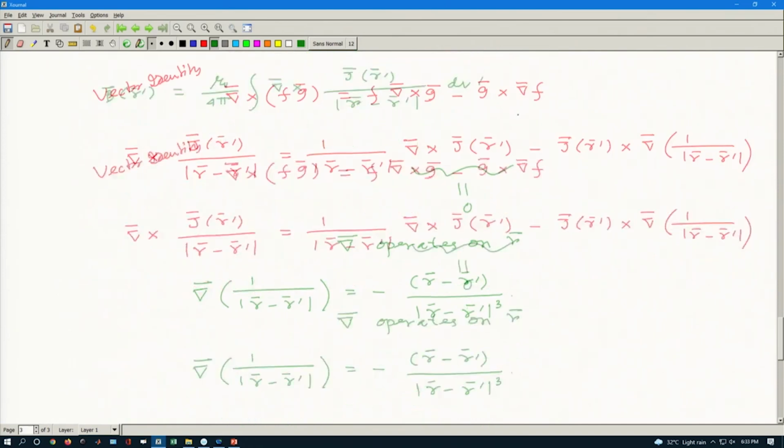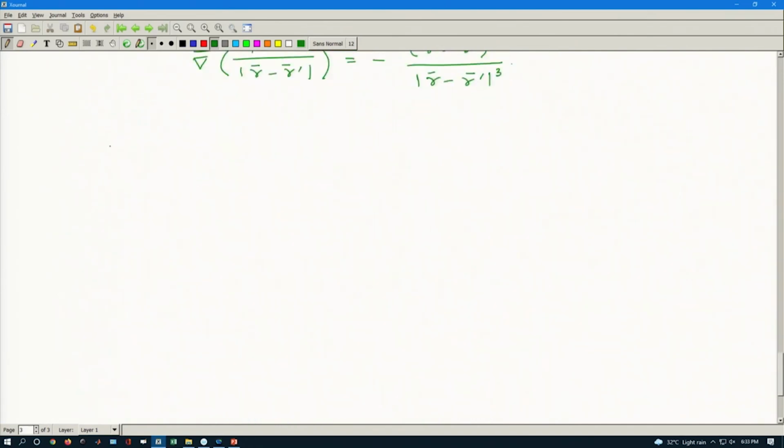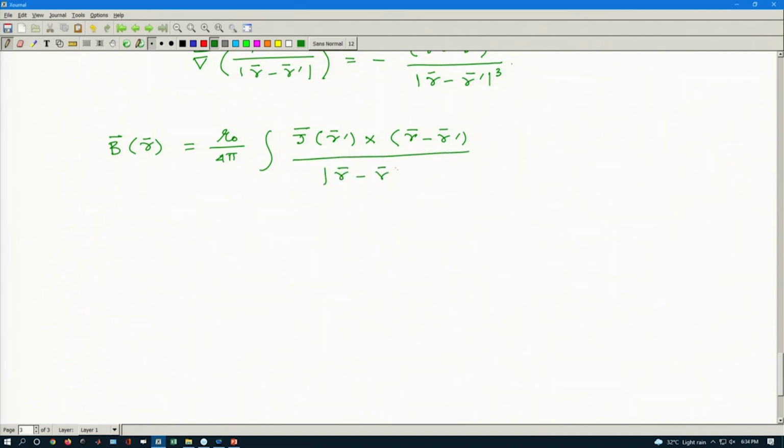Eventually I am going to get simply B is mu 0 divided by 4 pi, and then if I integrate it, it should be j r prime cross r minus r prime divided by mod of r minus r prime cube dv prime.